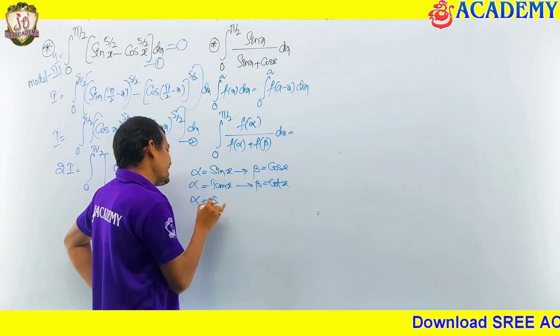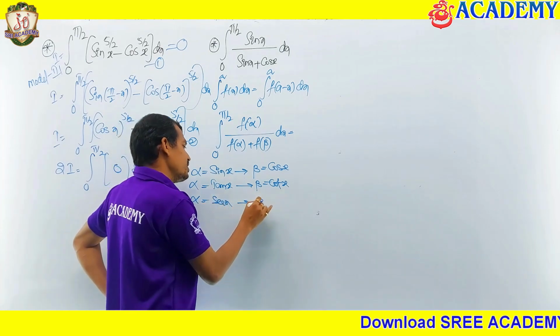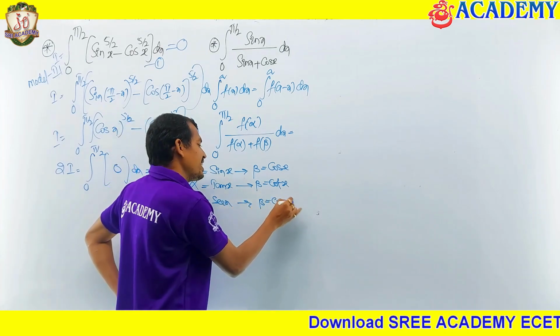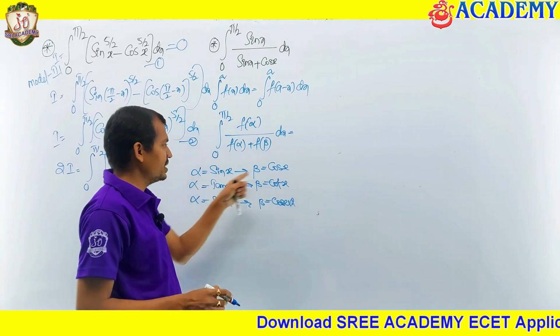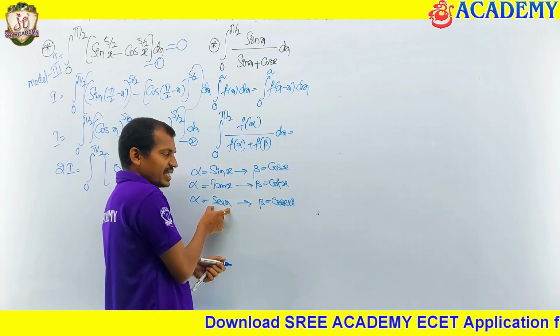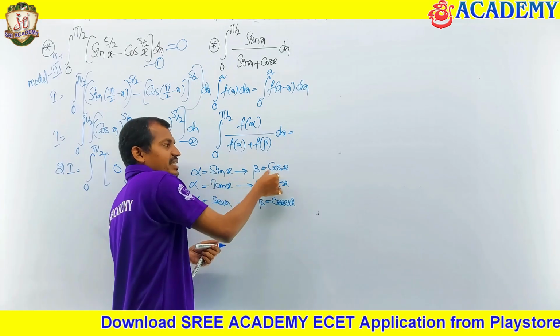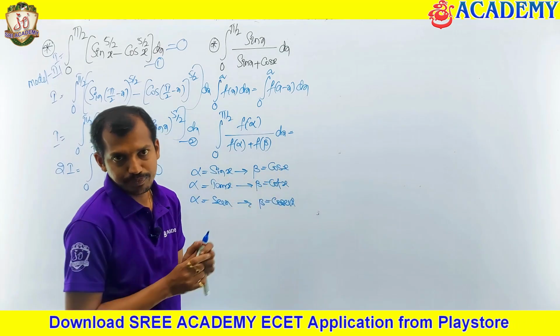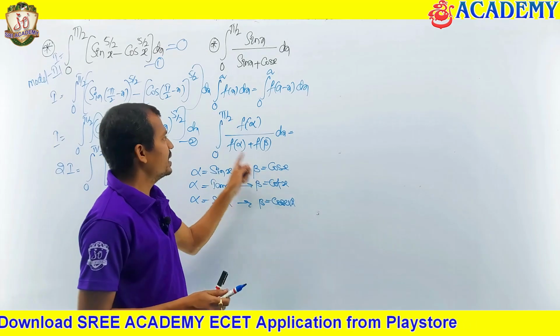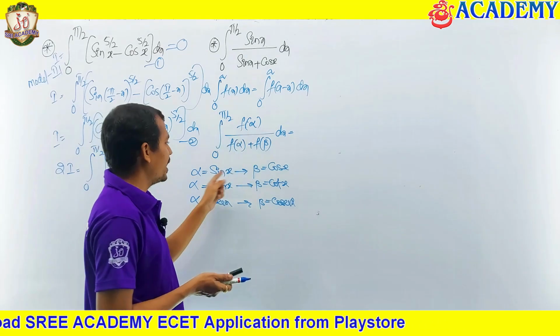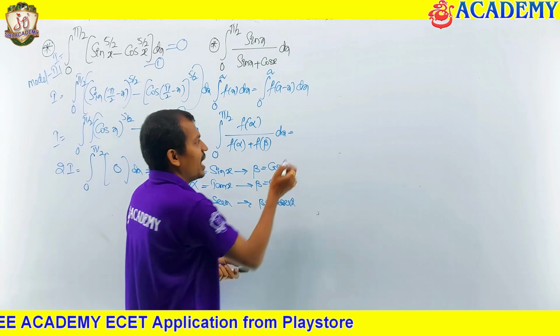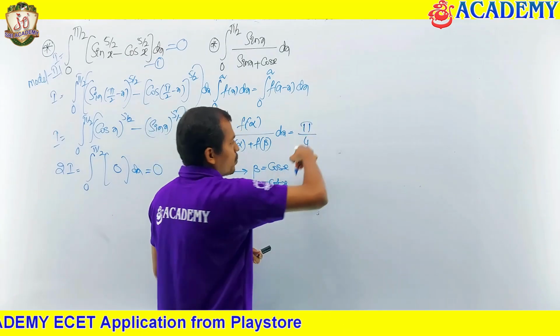If alpha is secant x, beta is going to be cosecant x. It may be any manner. Always indirectly these values may be changed, and if you are getting like this, the answer is always going to be π by 4.